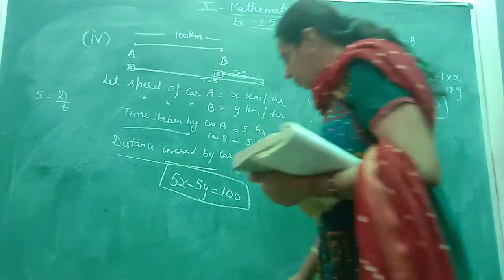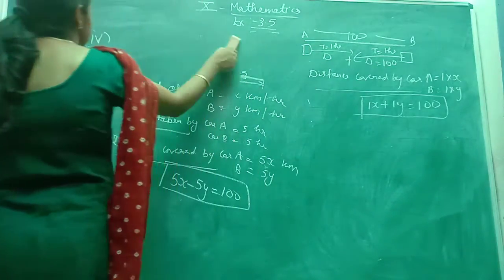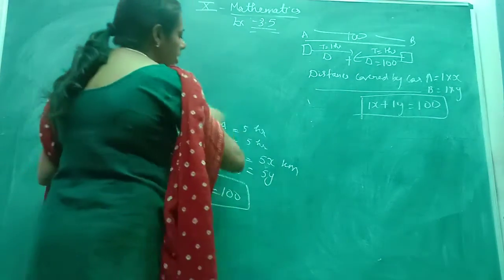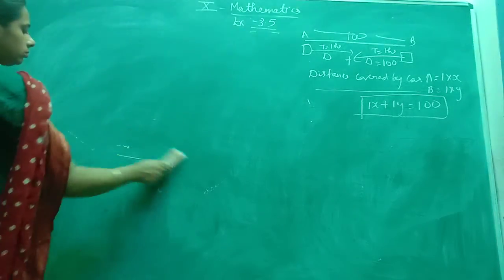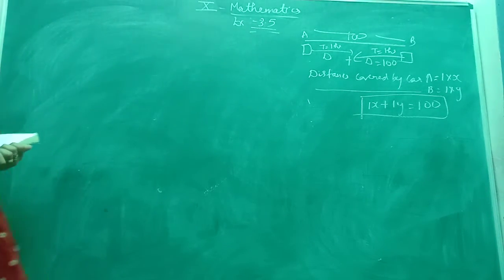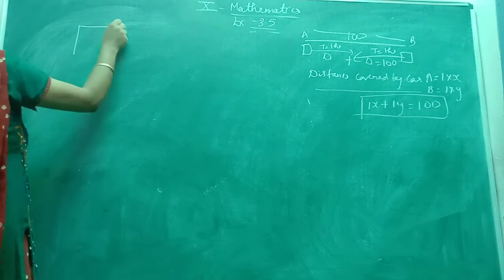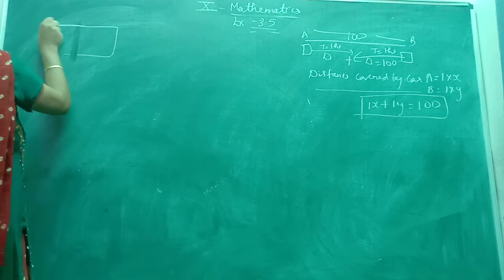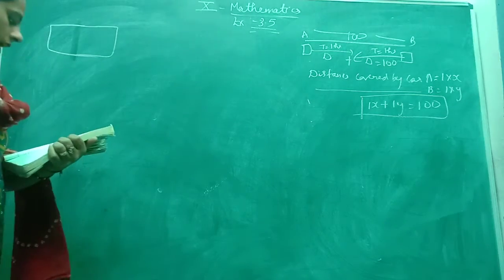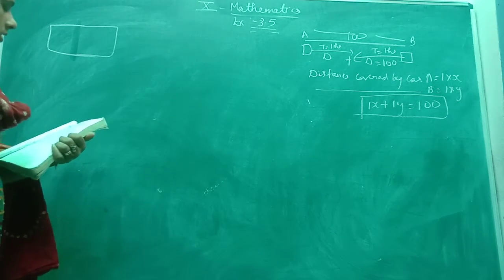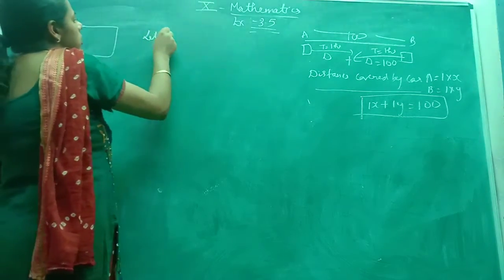Come to the last part of this exercise, that is, if the area of a rectangle gets reduced by 9 square units. If this is a rectangle, the area is reduced by 9. Firstly, I have to consider the length.